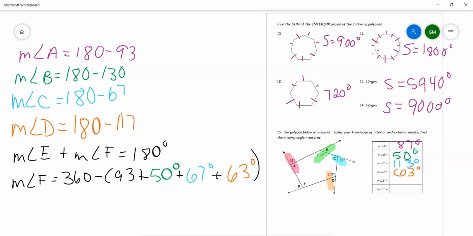All right, so what we're going to do is add all of these together and then subtract them from 360. So let's go ahead and do that.